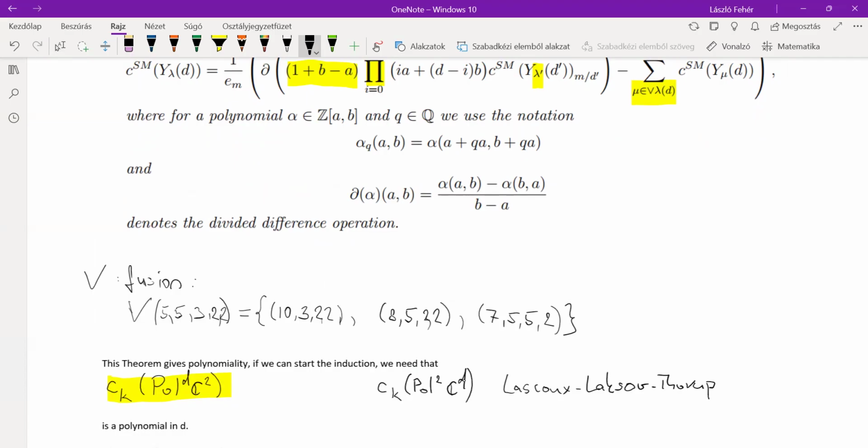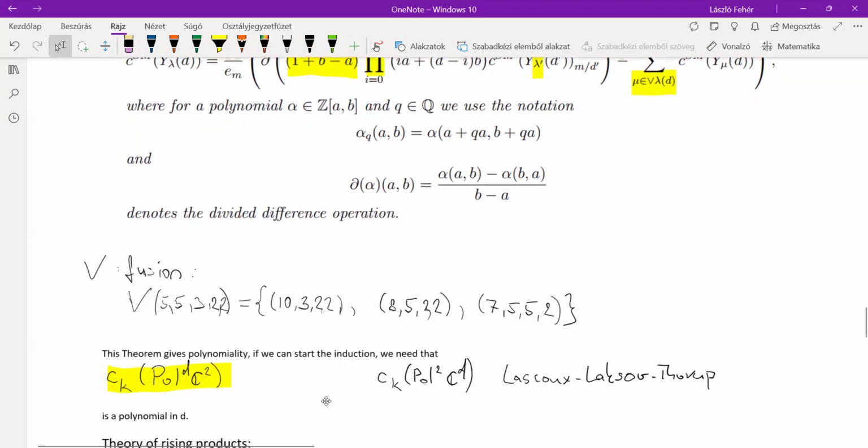Okay, not entirely simple. The coefficients are determinants of binomial coefficients, but at least there is a closed formula. But this one is much more complicated.